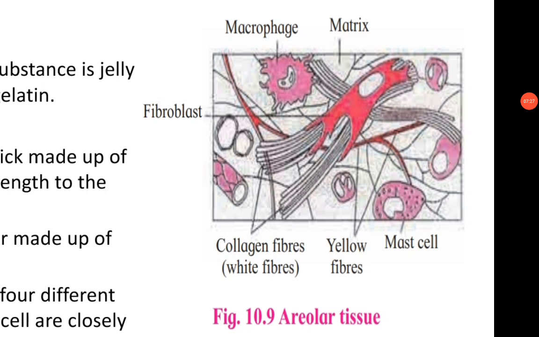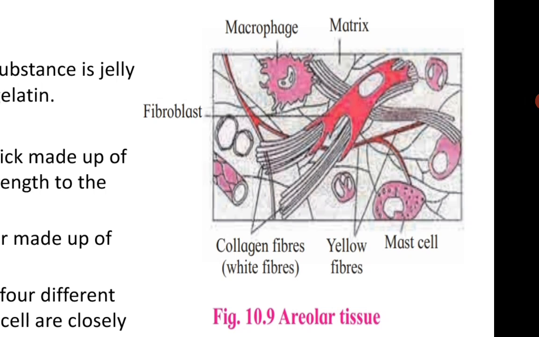The next, third important cell present in the areolar connective tissue is macrophages. Large phagocytic amoeboid cells are present. These cells are phagocytic in nature. Why are these cells present in the tissue?